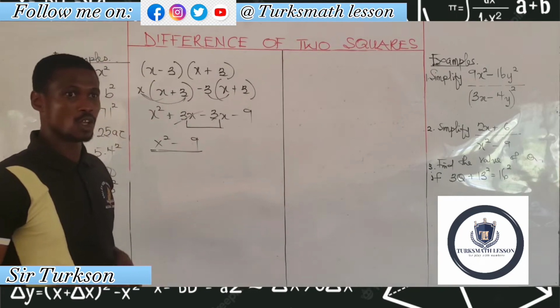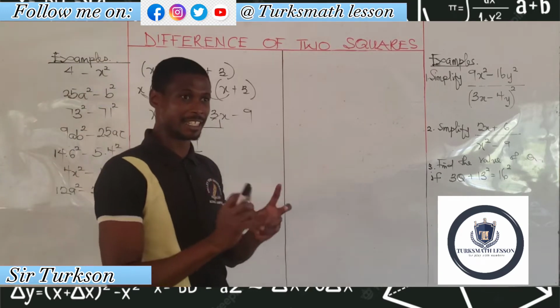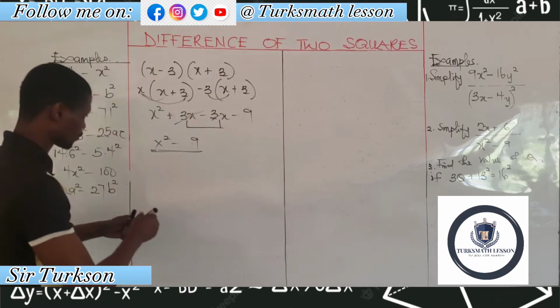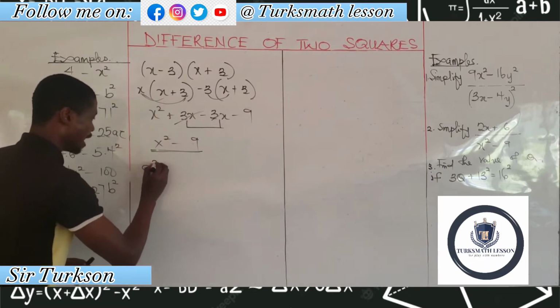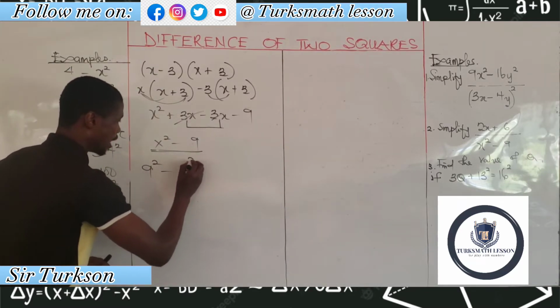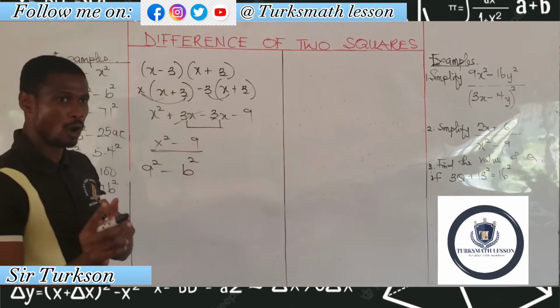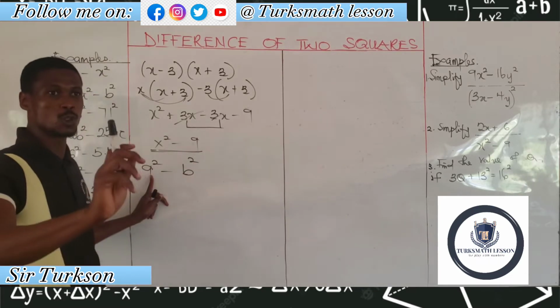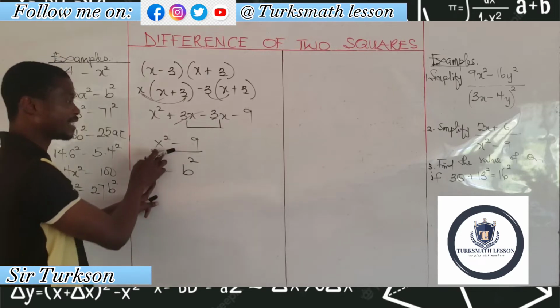So any expression in the form a squared minus b squared is an example of difference of two squares. That's why I said thank you for giving this example.